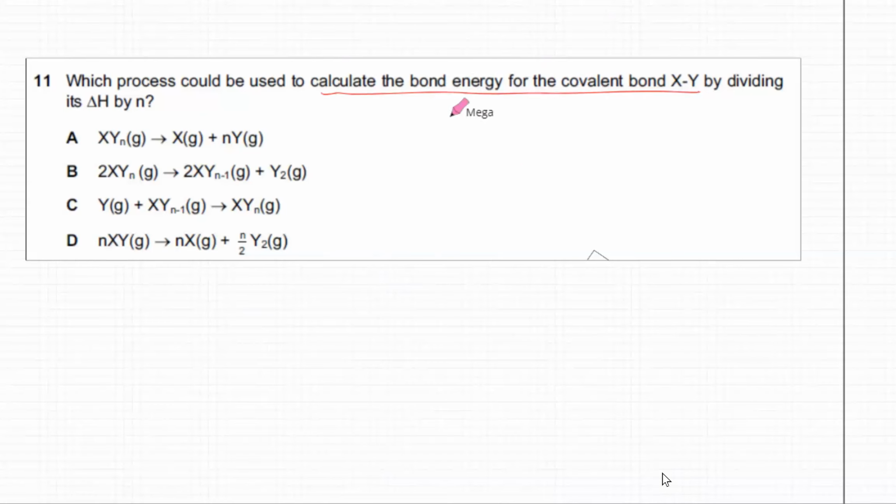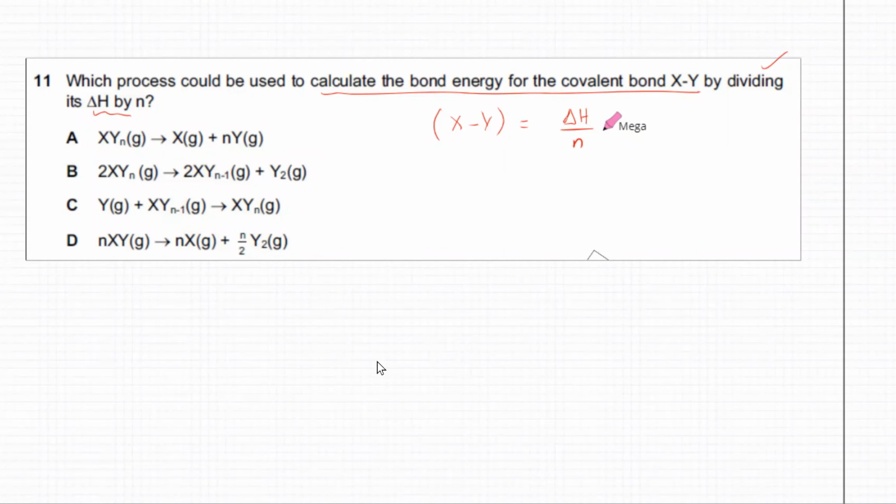So this is what you're trying to do: calculate the bond energy of XY by dividing delta H by N. So the bond energy of XY must be equal to delta H divided by N. That's the question. You have to calculate the bond energy of the covalent bond XY by dividing delta H by N.